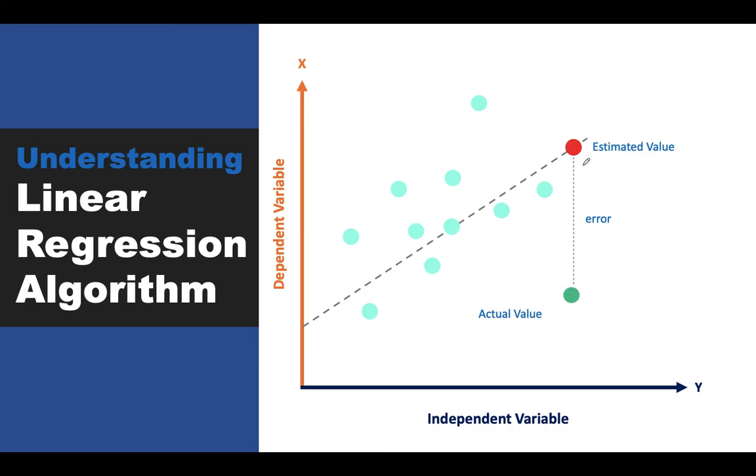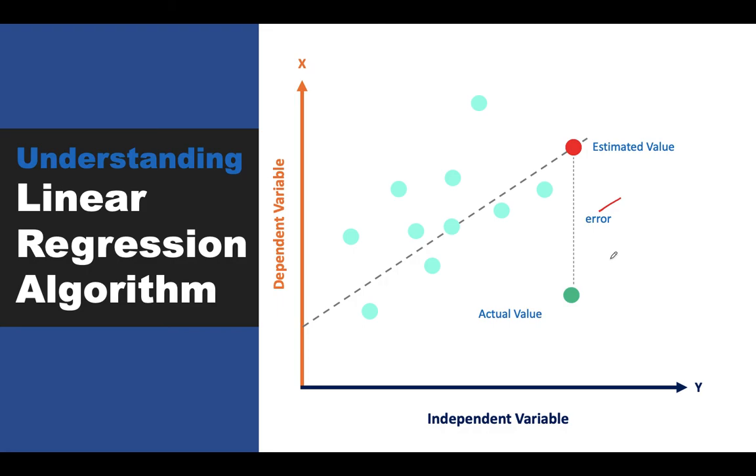This distance between the estimated value and the original value is called your error. So our main goal is to reduce this error, like how much we can bring this point closer to this line, or this line closer to this point, so that we can get a best fit line, a best fit line which can hold all the possible values.